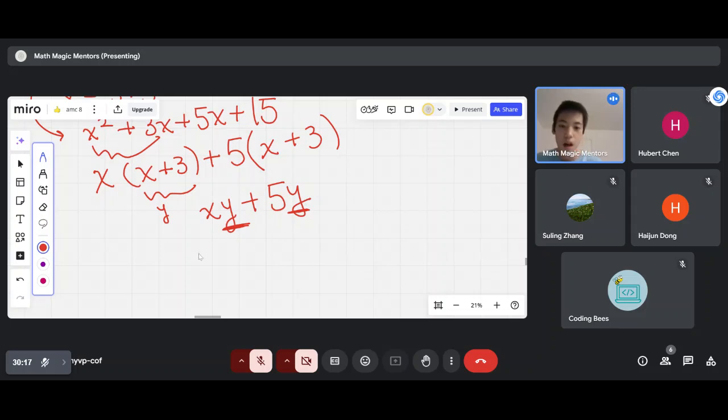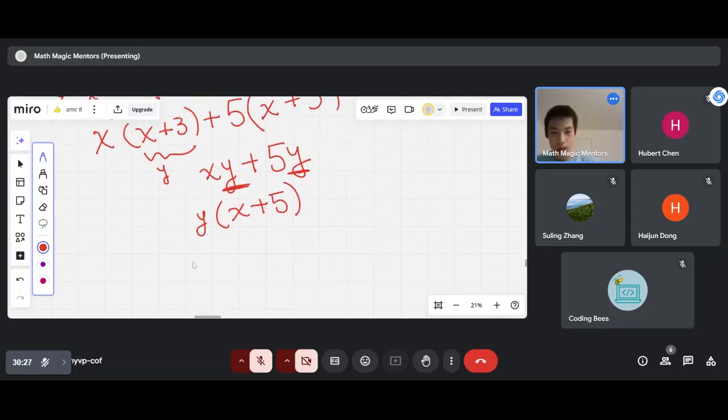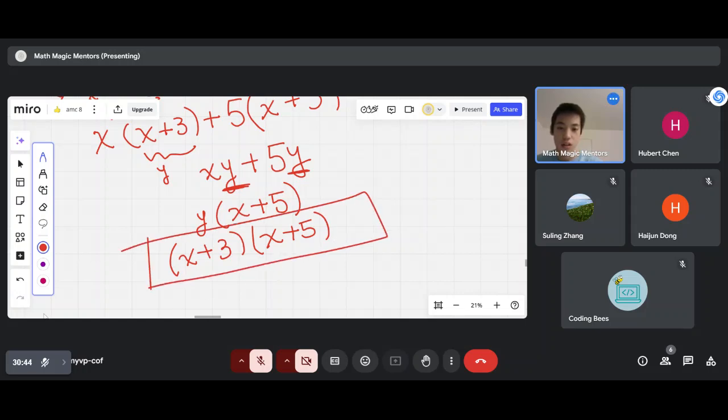Since y is a common factor, we can factor out y. And this will just be y times x plus 5. And since we made the substitution y equals x plus 3, we can just substitute back x plus 3 for y.